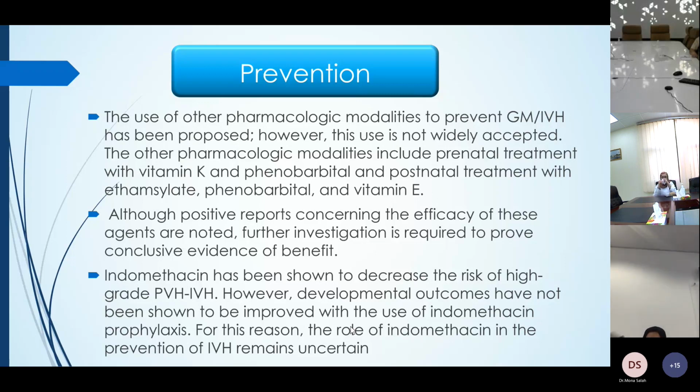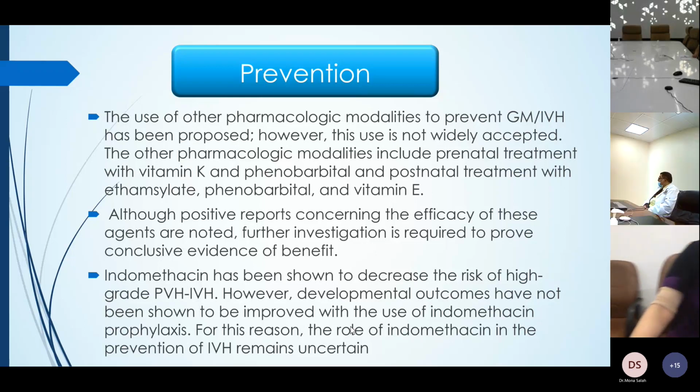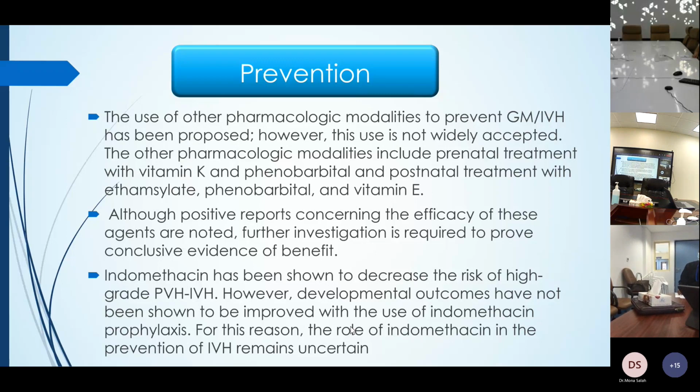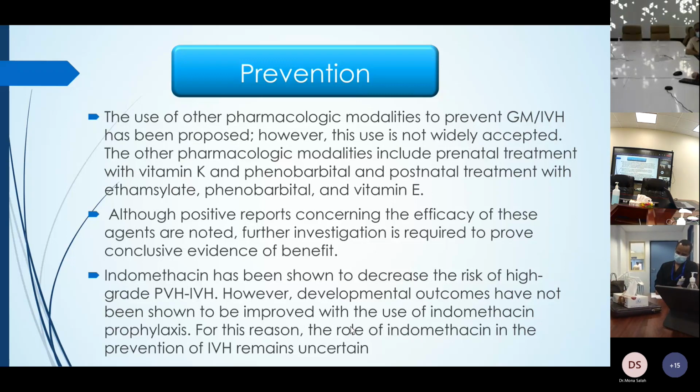Also, indomethacin has been shown to decrease the risk of high-grade IVH. However, developmental outcome has not been shown to be improved with the use of indomethacin prophylaxis. For this reason, the role of indomethacin in the prevention of IVH remains unclear. Next, the bundle for prevention of intraventricular hemorrhage in preterm infants.